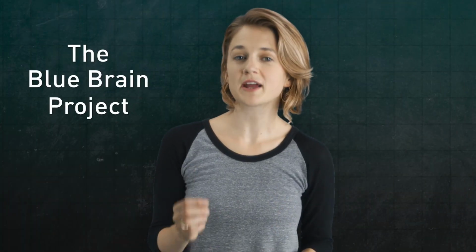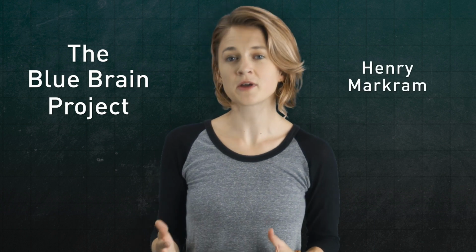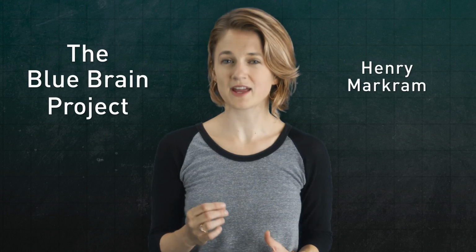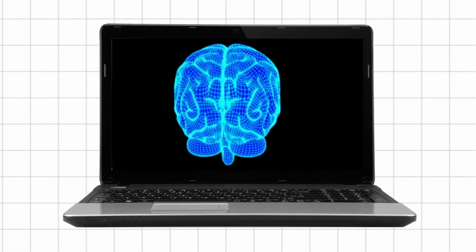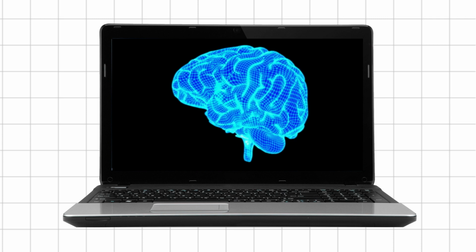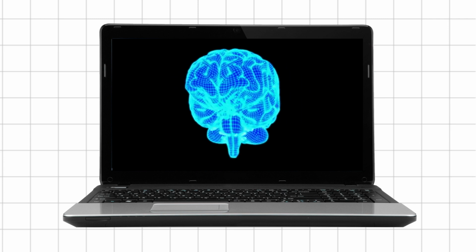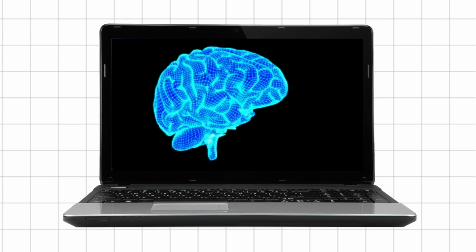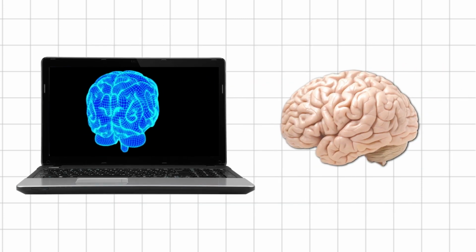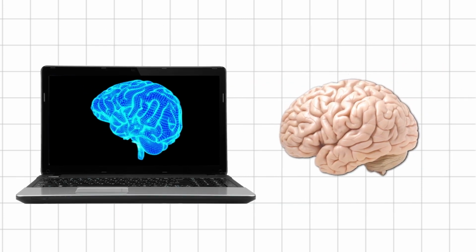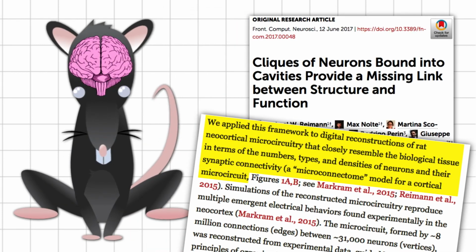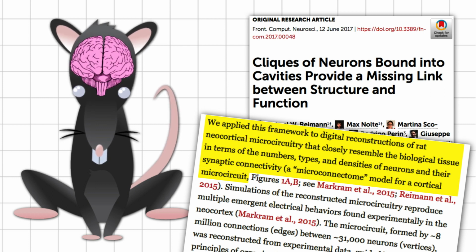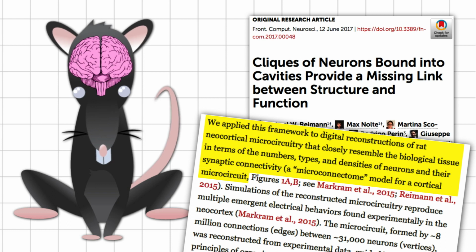This is where the Blue Brain project enters the picture. Led by neuroscientist Henry Markram, the goal of the Blue Brain project is to create a digital reconstruction and simulation of the brain. Using a complicated algorithm that accounts for decades of neuroscience research and biological principles, and then testing it against real brains, the project built, quote, digital reconstructions of rat neocortical microcircuitry that closely resemble the biological tissue in terms of the numbers, types, and densities of neurons and their synaptic connectivity.